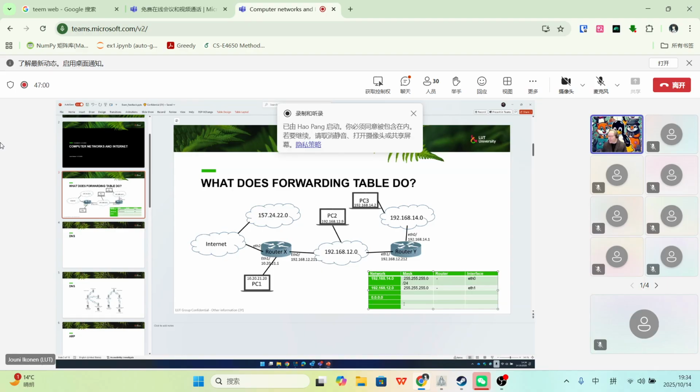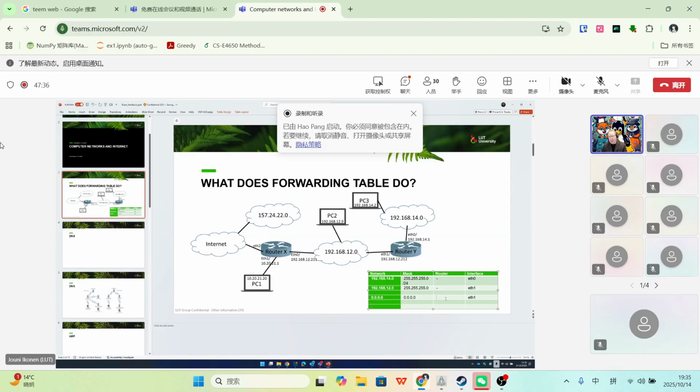So we should have some default rule, which would then match and tell where to send the data packets if they don't match. So let's make a general one now: any address which has not matched the earlier rules, and the direction to the internet is through the Ethernet 1 interface. So this is the outgoing.